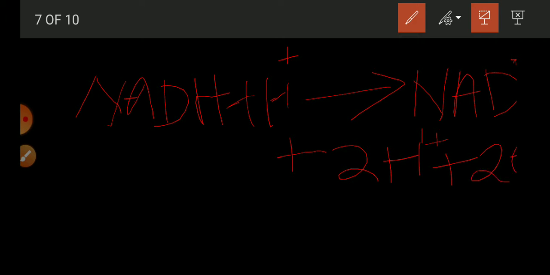These electrons are carried by the complexes, and the protons make the gradient to flow through ATP synthase. And this NAD+ moves back to the Krebs cycle.